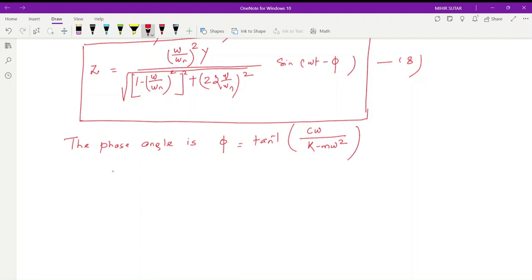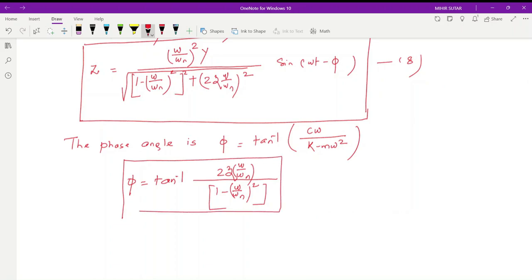If you further simplify this, you'll get phi as tan inverse of 2 zeta omega by omega n divided by (1 minus (omega by omega n) square). This will be the value of the phase angle. Let this be equation 9.